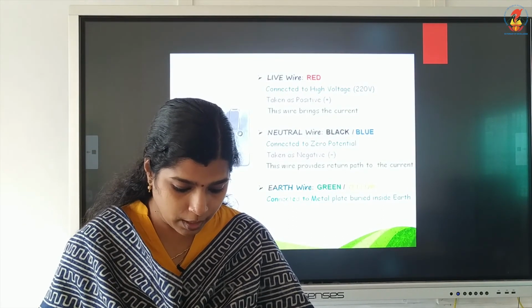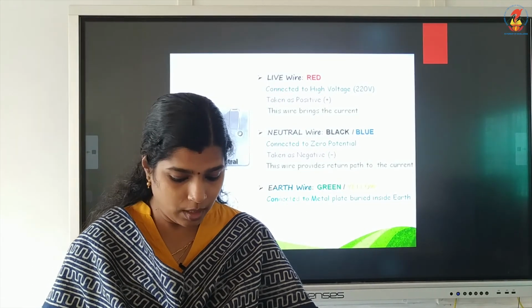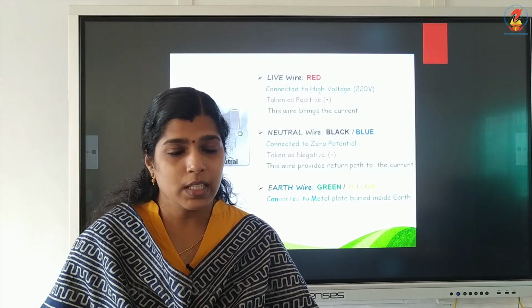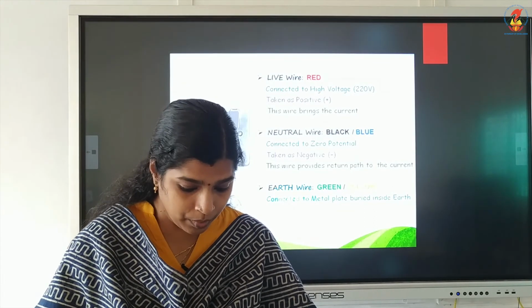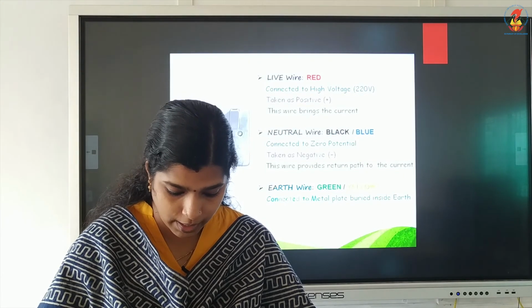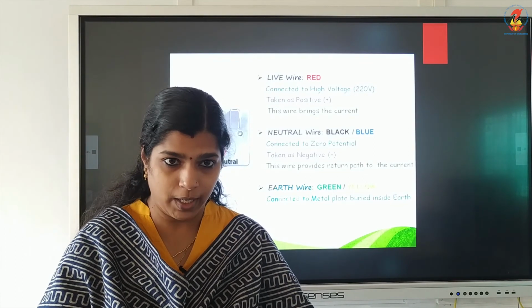This spark sometimes catches fire in a building. The short circuiting occurs when the insulation of the wire is damaged or there is a fault in the electrical device.